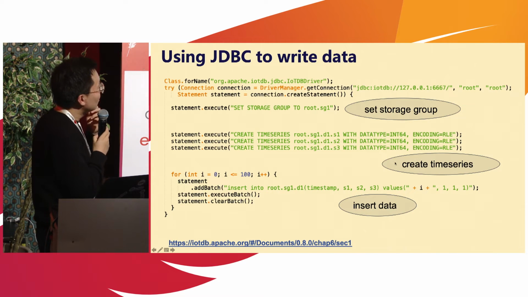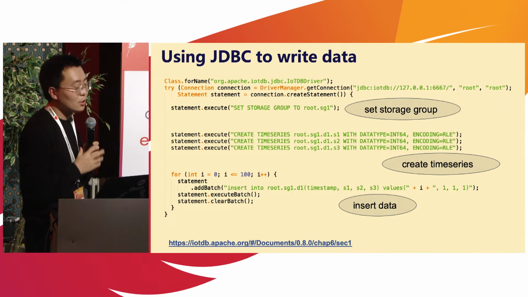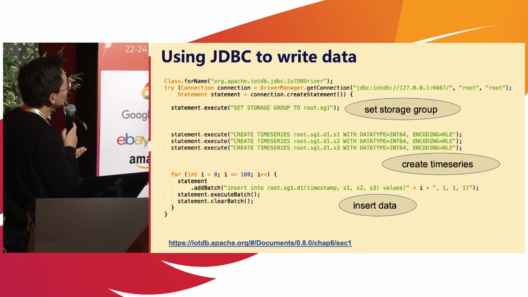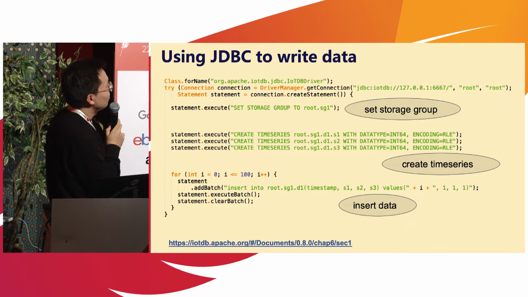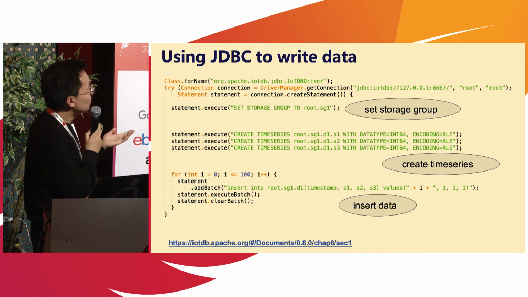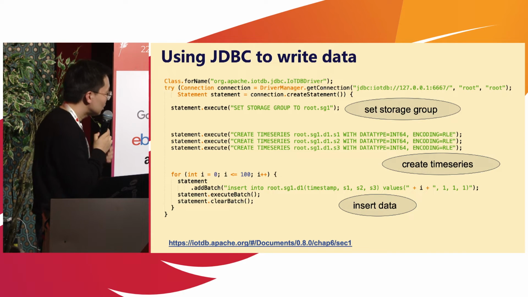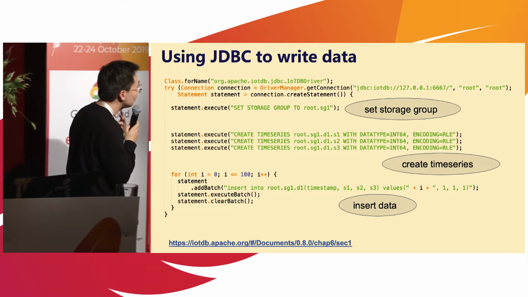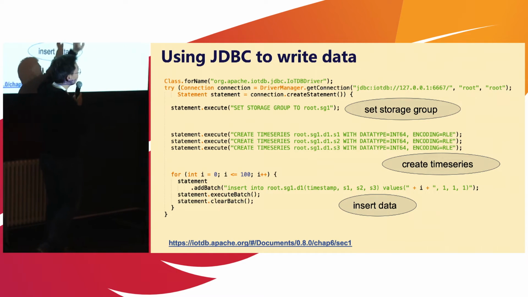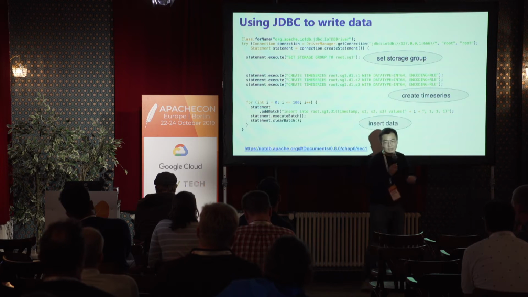IoTDB provides SQL, and we also provide JDBC, and you can use JDBC to write data or query data. Before you write data, you need to define the schema. For example, here we have a storage group and time series. We let users define time series because users know what data type the data is and which encoding method is better.